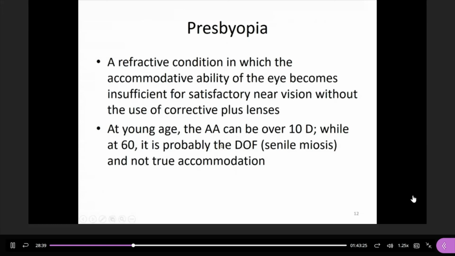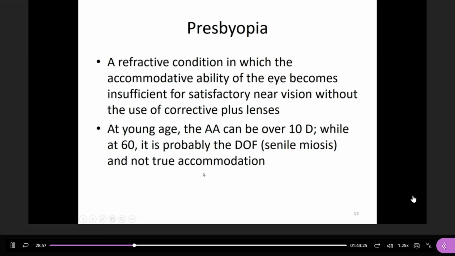It's very similar to this condition. In elderly people the pupils are usually smaller, and therefore the depth of focus will be increased, and that's why they can see the task more easily.